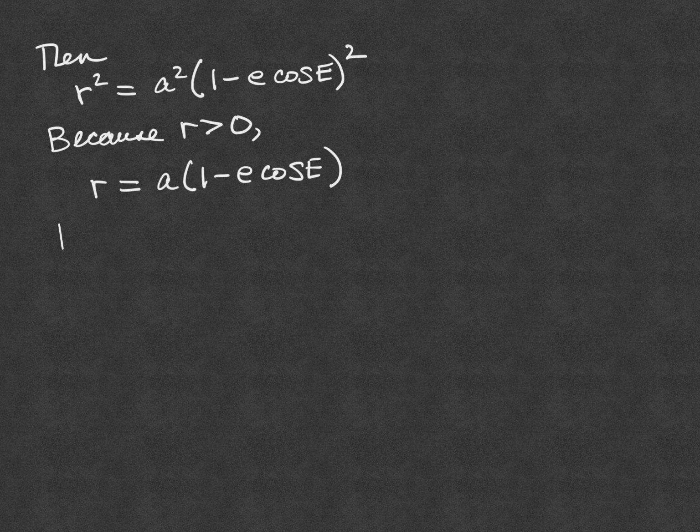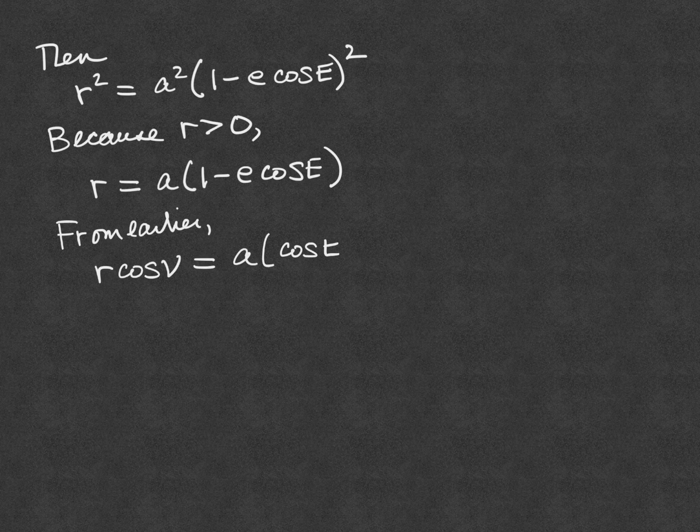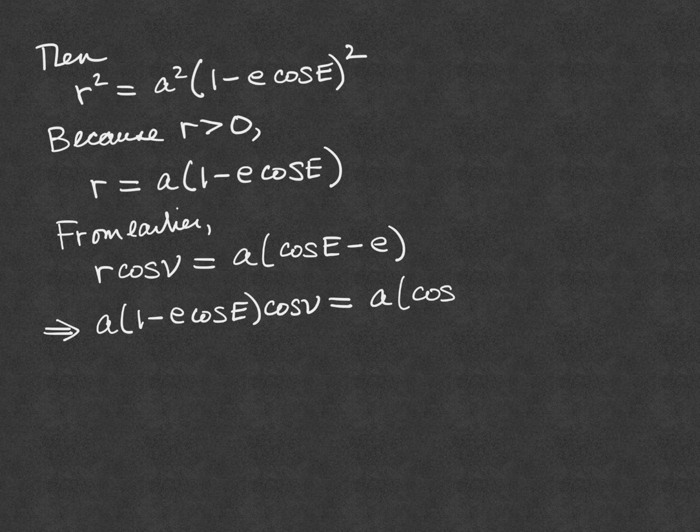Now recall from earlier, we had that r times the cosine of nu was equal to a times (cosine E minus little e). But now we have an expression for r, so we can substitute that expression in, and we get a times (1 minus e cosine E) times the cosine of nu is equal to a times (cosine E minus little e).